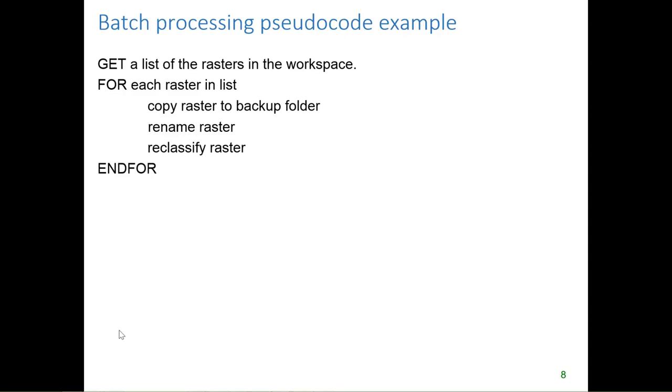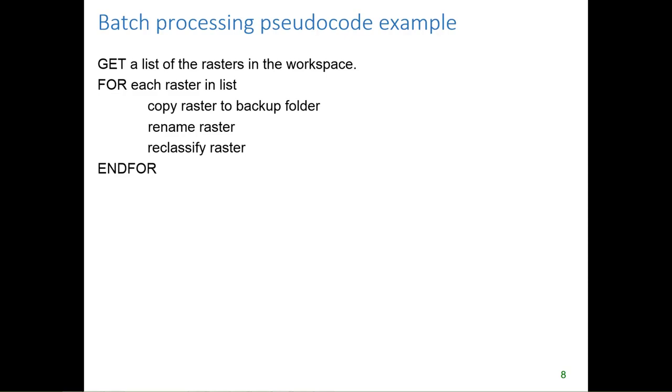Copy, rename, reclassify, and so forth. If you know you only have two or three rasters, it might be just as fast to do this by hand as to write a script to do it. But if you have 5 or 10 or 100 rasters, or if you're going to do this again for several different projects, it really pays off to script it.